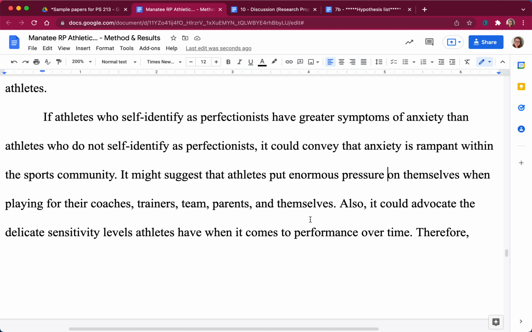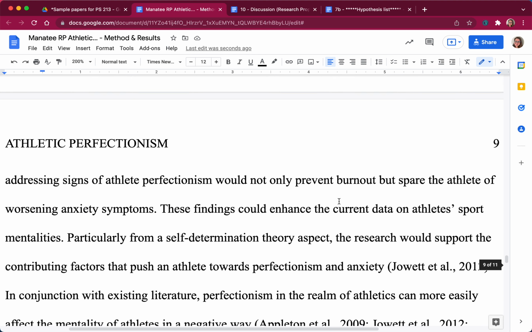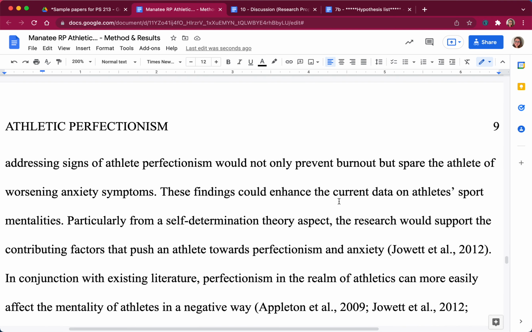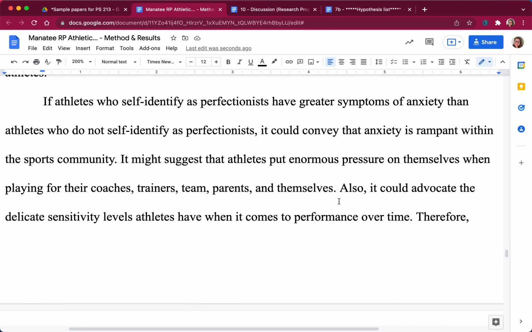So one thing that I've been moving toward that this sample doesn't show is, so this is all more or less supporting the same idea.